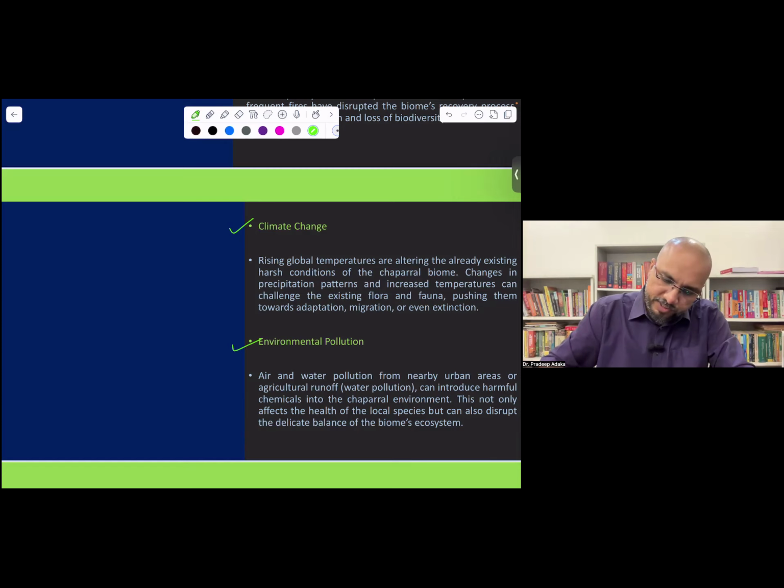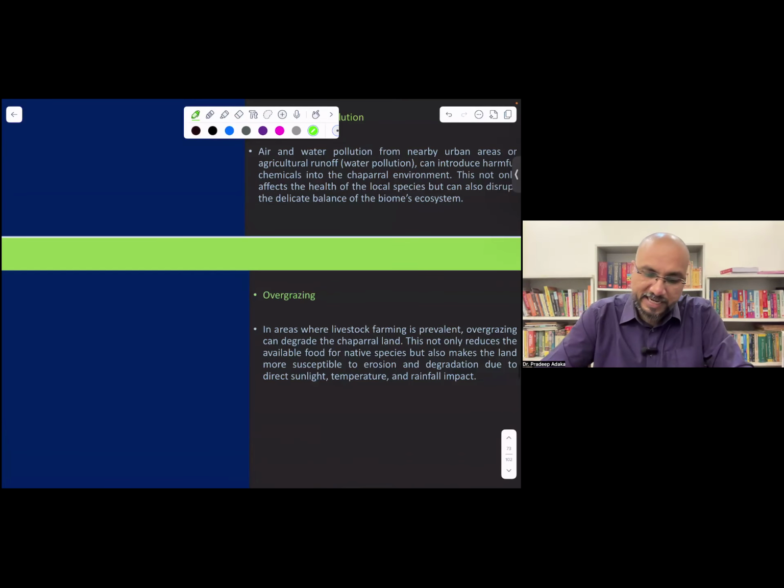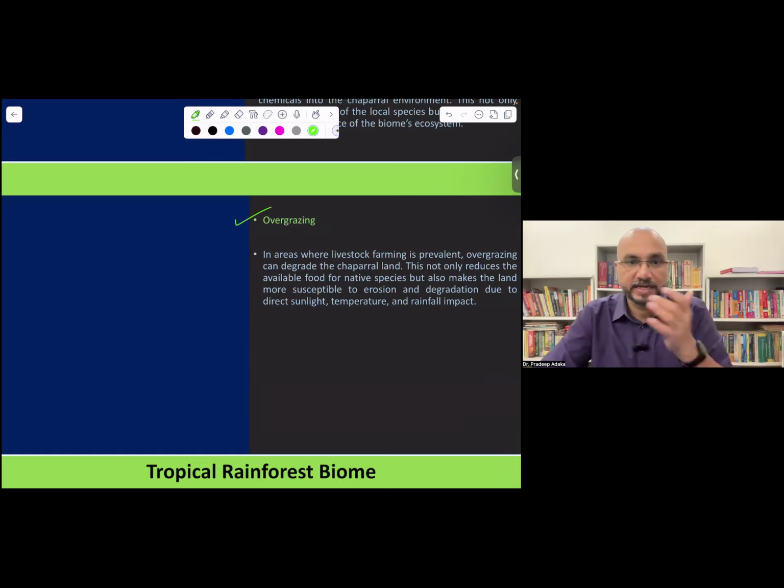So air and water pollution from nearby urban areas can pollute the biome. Then overgrazing is also another danger. So overgrazing, livestock farming. So this is another threat.